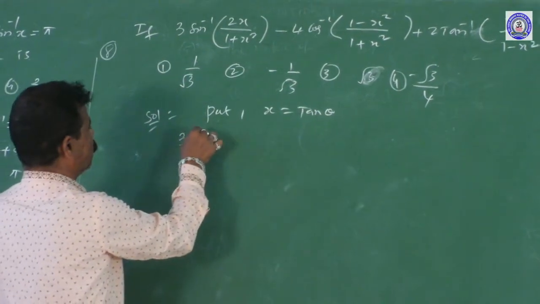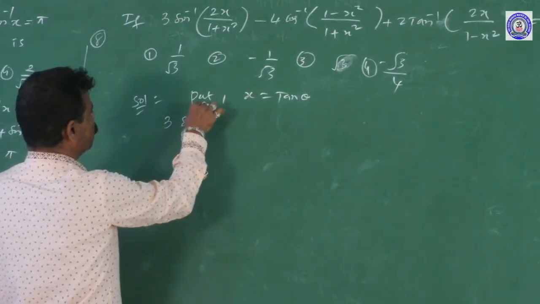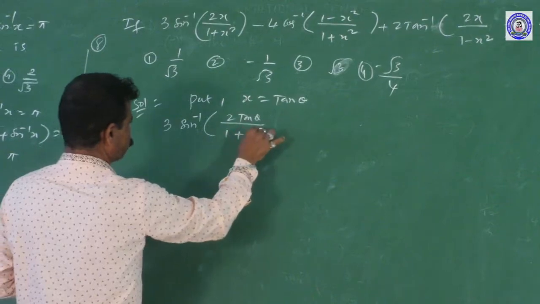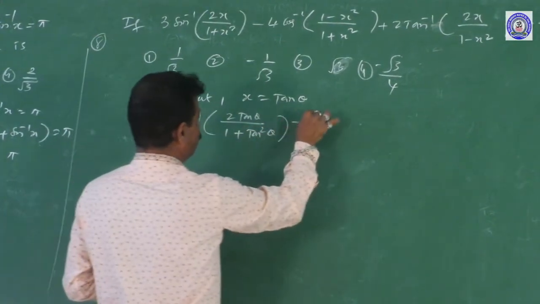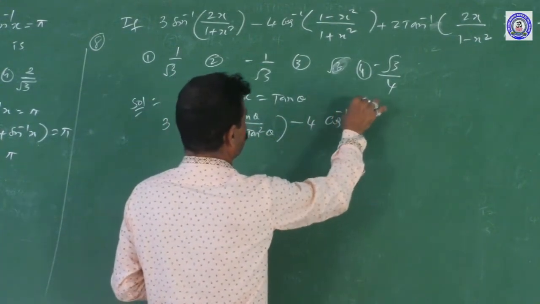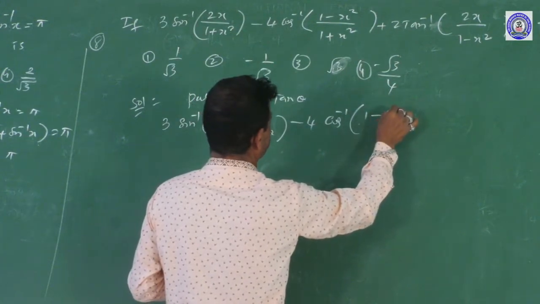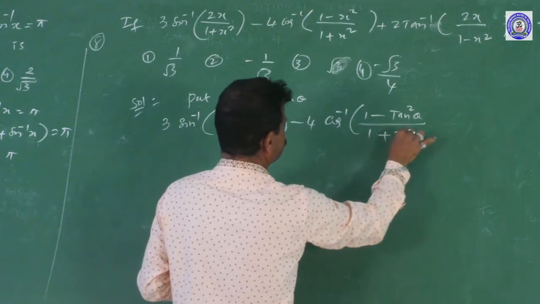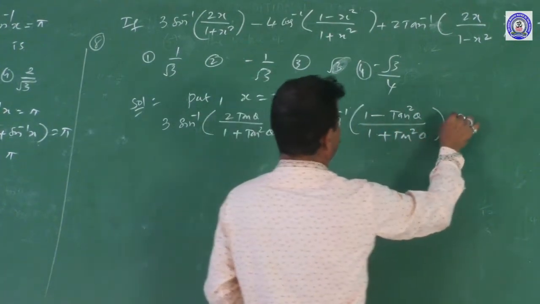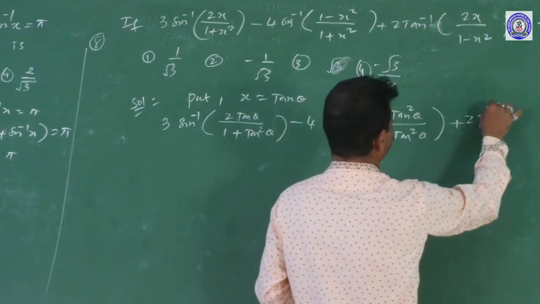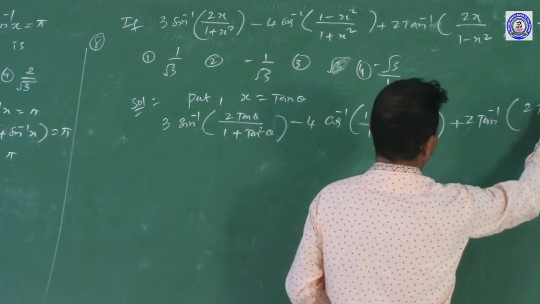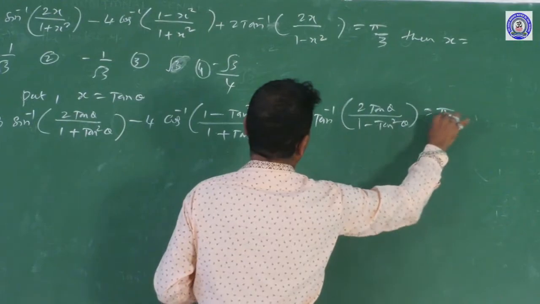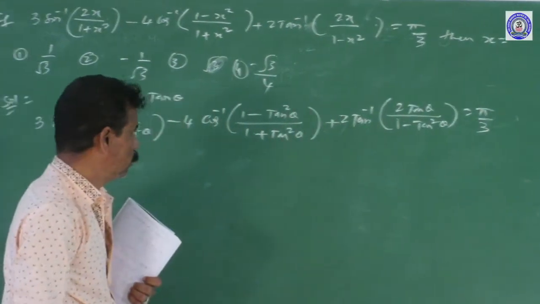Then it is written as 3 sin inverse of 2 tan theta by 1 plus tan square theta minus 4 cos inverse of 1 minus tan square theta by 1 plus tan square theta plus 2 tan inverse of 2 tan theta by 1 minus tan square theta is equal to 5 by 3.